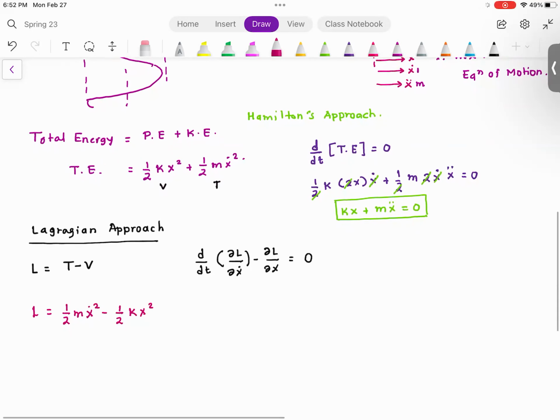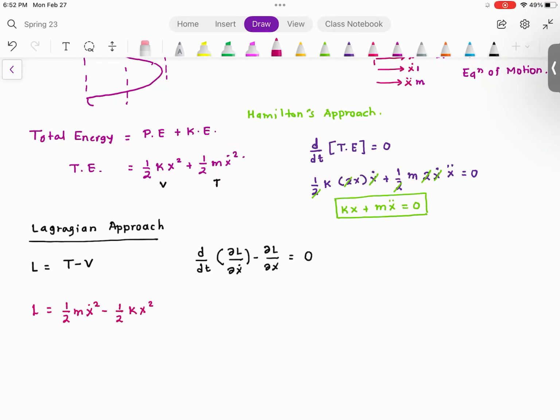I could do this part directly, but I want to do it separately. Partial L by partial x dot, which means x is constant. Can you see this becomes 1/2 m 2 x dot? Are you with me? And minus 0. Why 0? Because I'm differentiating with respect to x dot. Everyone understood this?